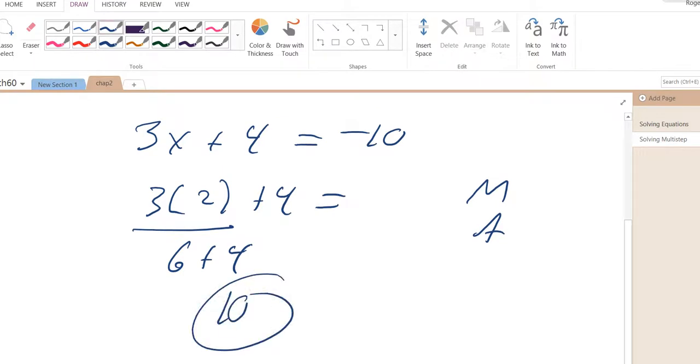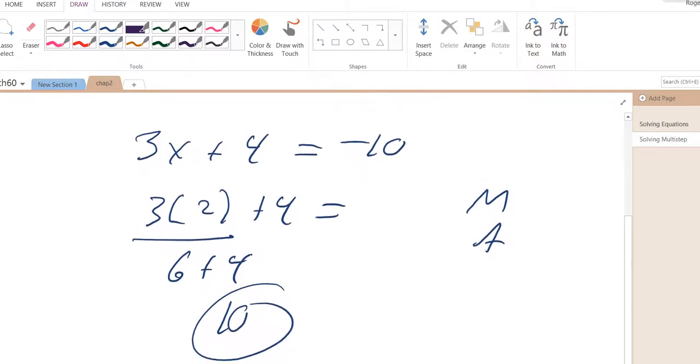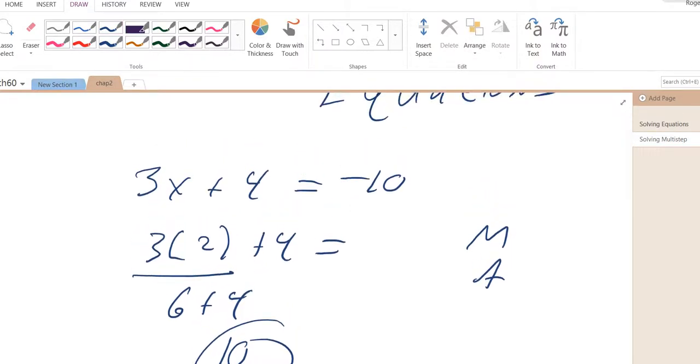But when you don't know what x is, you're going to do the opposite and the reverse of the procedure. So instead of multiplication and addition, we're going to do subtractions and divisions. So you're going to reverse it and do the opposite of it.